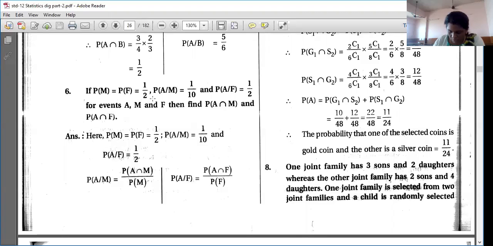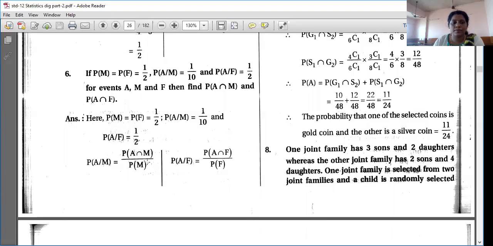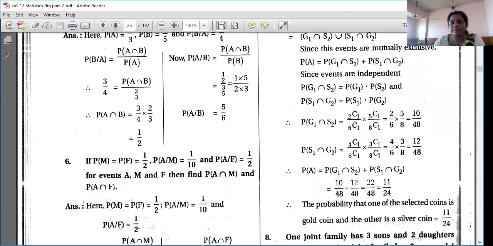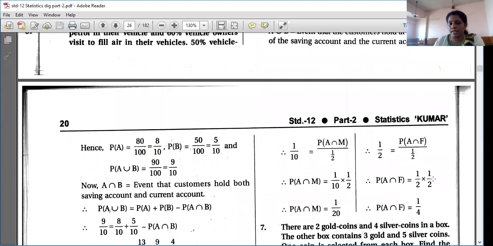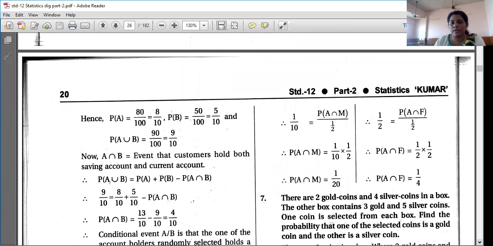Right? So what you have to do is find P of A intersection M. They have given A by M, so what will be the formula? A by M is equal to P of A intersection M upon P of M. P of A by M is already given as 1 by 10, equal to A intersection M, which is not given, upon 1 by 2.